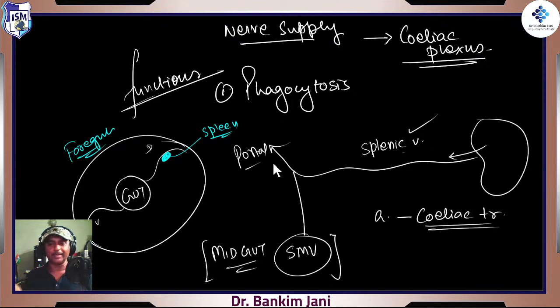Answer: none. Because superior mesenteric vein is handling midgut and spleen is not at all a part of midgut. Why not? Because spleen is developing in the dorsal mesogastrium. Dorsal and ventral mesogastrium are the classical things for foregut. In midgut and hindgut, as you saw, you won't find two mesogastrium. I hope I'm clear.